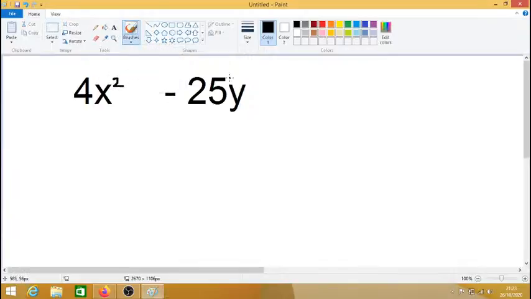So if you think about the two squares, the first square has an area of 4x squared. So what would the sides of that be? Well, maybe 2x times 2x, because the 2 times the 2 would make the 4, and the x times the x would make x squared. So we can write the 4x squared as really 2x times 2x.